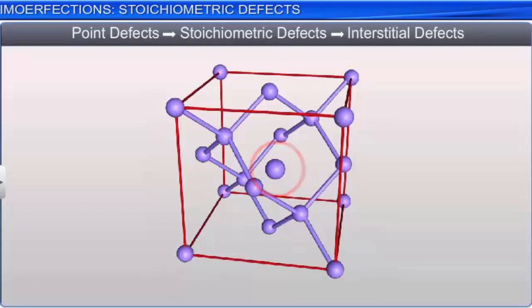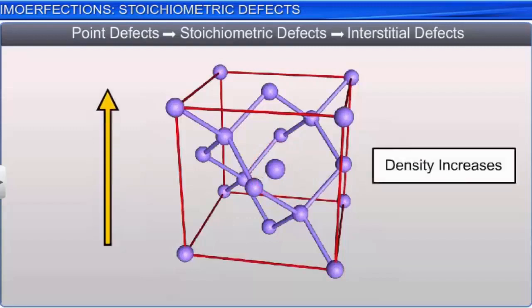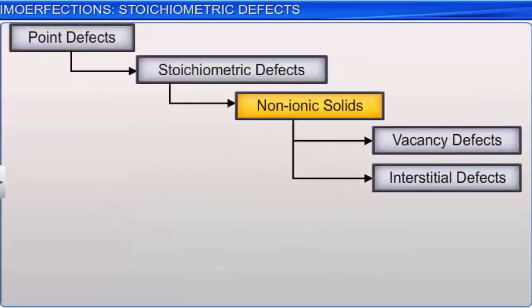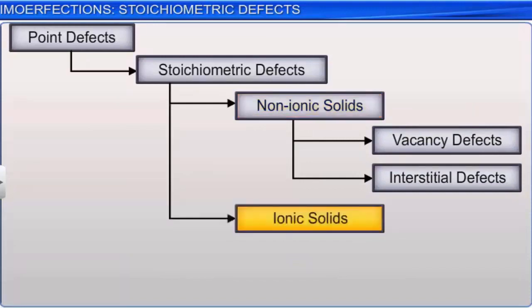As a result of this defect, the density of the substance increases. This holds good only for non-ionic solids. Ionic solids must always maintain electrical neutrality. Rather than simple vacancy or interstitial defects, ionic solids show Frenkel and Schottky defects.